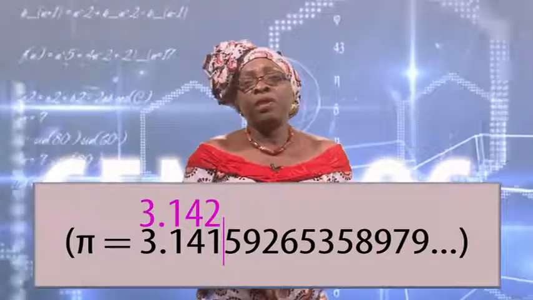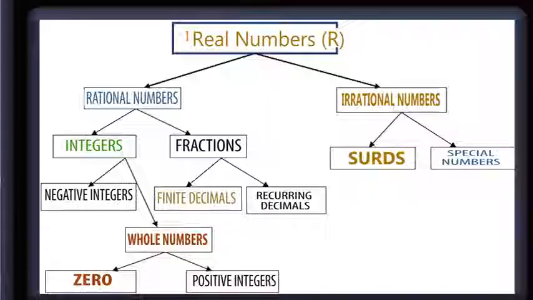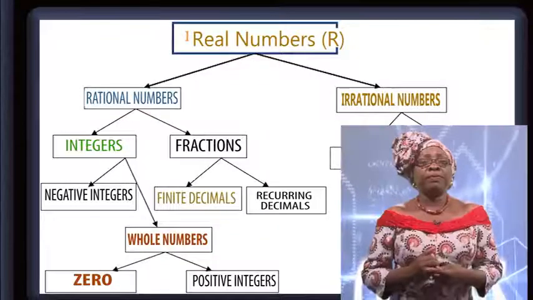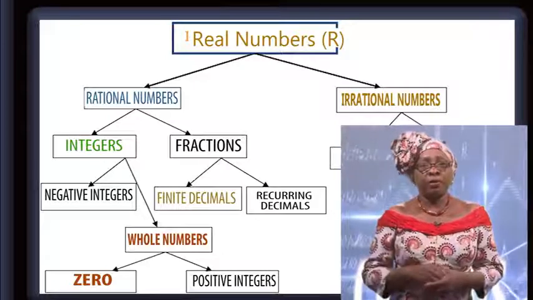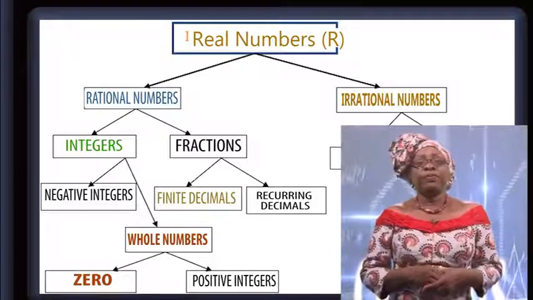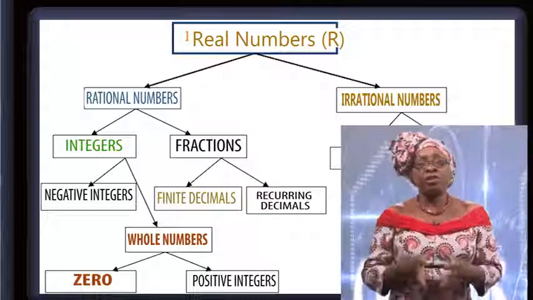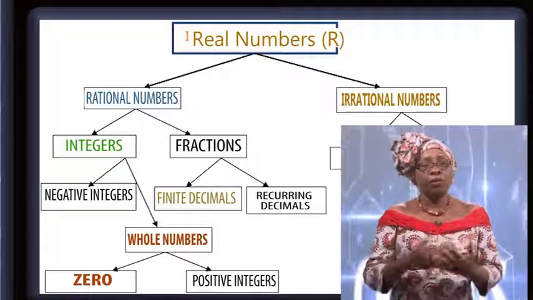Now, all the numbers we have looked at so far form what we call the real number system. And I want us to look at the building we have put up. This time, we will start from the top down. We have the chart on the screen for you to follow.